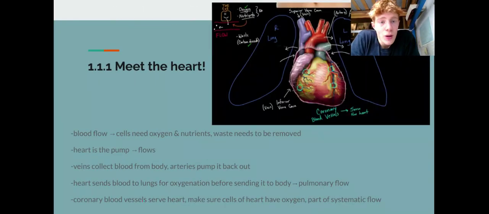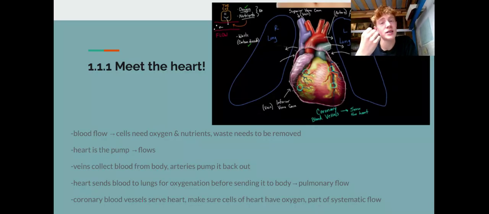Now, before I tell you about all of this on screen, I need to quickly explain to you what the difference between the pulmonary flow and the systemic flow is. So there are 2 kinds of flow that your heart as a pump performs. First, you have the pulmonary flow. This is the flow that your heart does to get deoxygenated blood from your heart to the lungs.